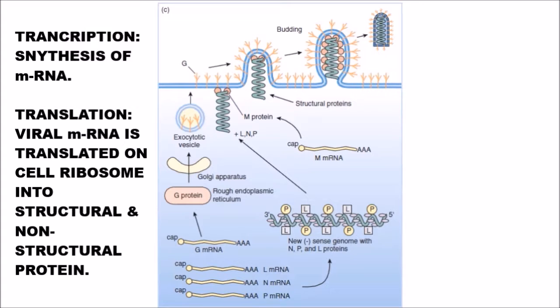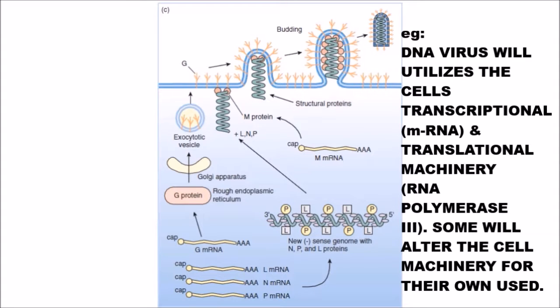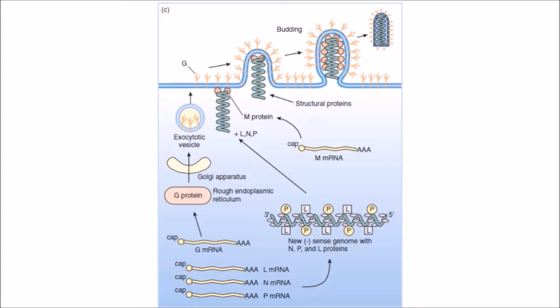Second is the translation process, in which viral mRNA is translated on cell ribosomes into structural and non-structural proteins. For the DNA virus, it will utilize the cell's transcriptional and translational machinery, including RNA polymerase II. Some will alter the cell machinery for their own use.